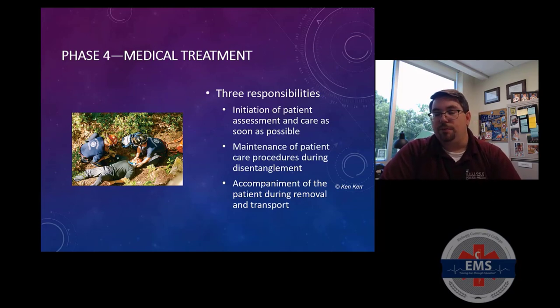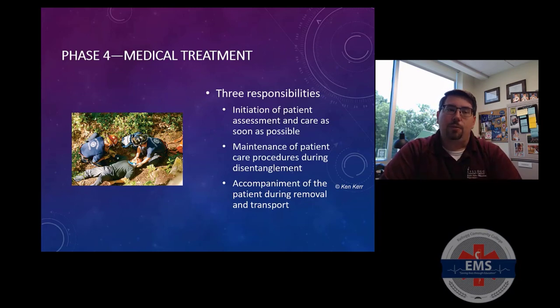For example, if a victim is entrapped inside of a vehicle and you're only able to gain access to one of the victim's arms, that may be the only portion where you can initiate your assessment based on things like pulse oximetry, pulse rate, cap refill, and that's it, based on the exposed limb that we see in that type of circumstance.